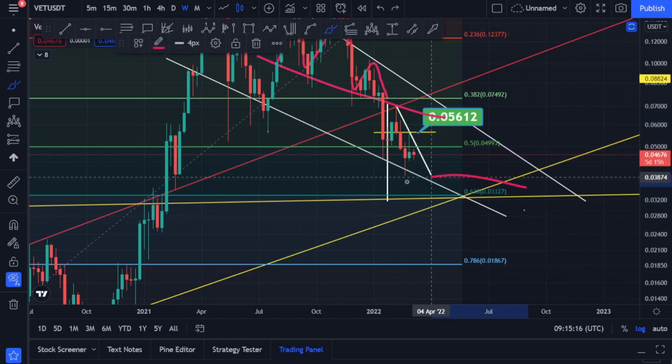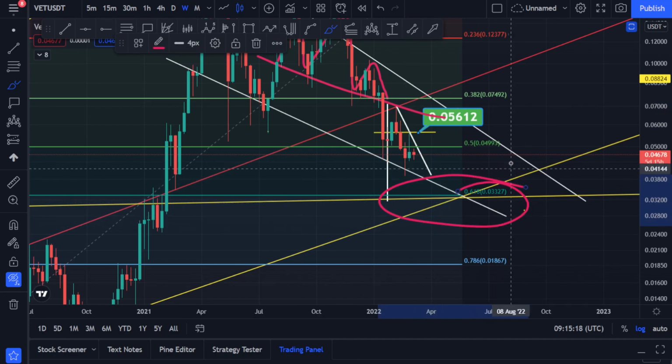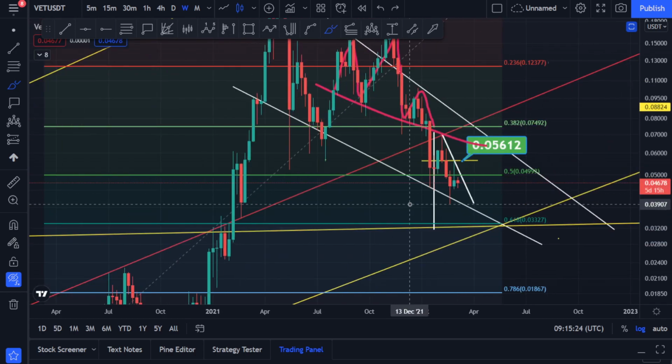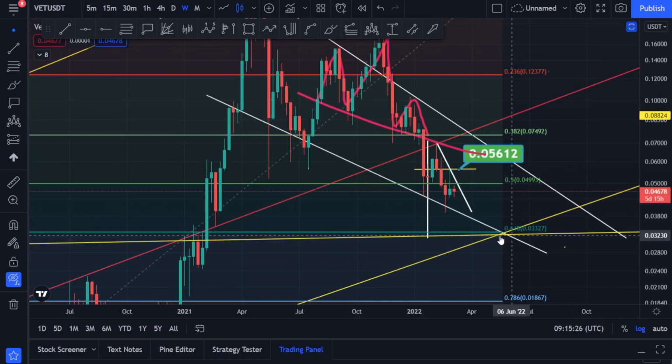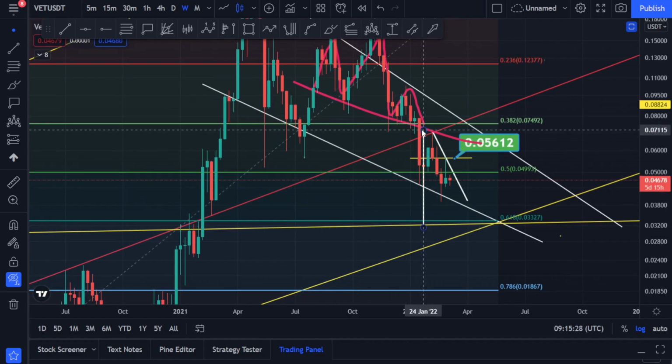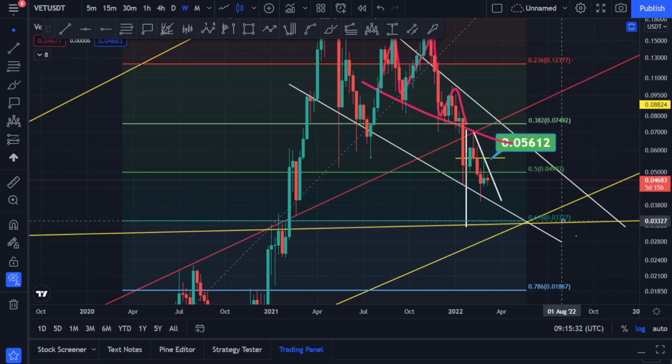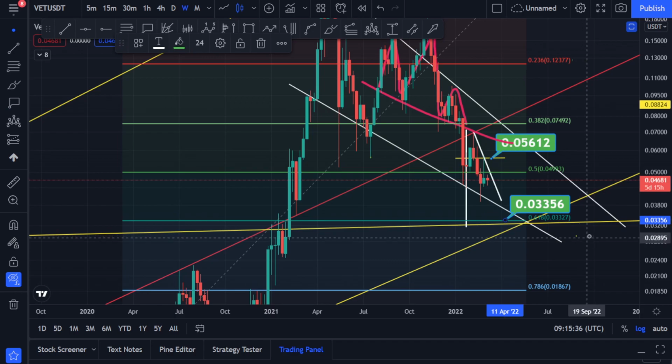But this is the area where I feel a lot of people or whales are eyeing, because everything is targeting the 0.618 level, not only because of this price target towards the downside, but also because the 0.618 level is sitting right over there. That's where the area of support is sitting.